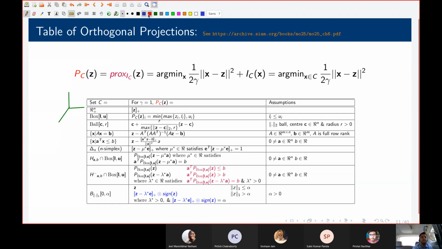So it's as simple as somehow restrict your point to this. So if your point happens to be the point Z, you'll just project it so that you get rid of the negative component. That's a Z plus.